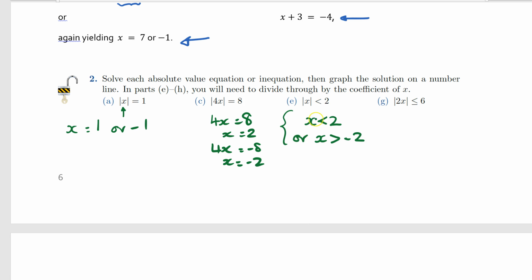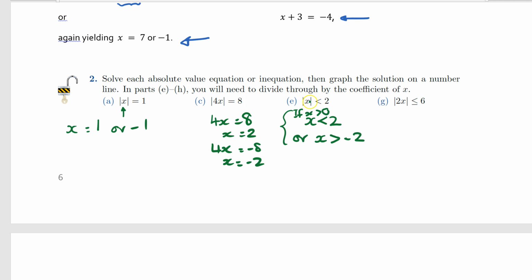So that comes about from our definition of absolute value up above, where we said we should look at two cases. So if x is greater than 0, then what's in here is we just take the positive value. So that means that x in there has to be less than 2.